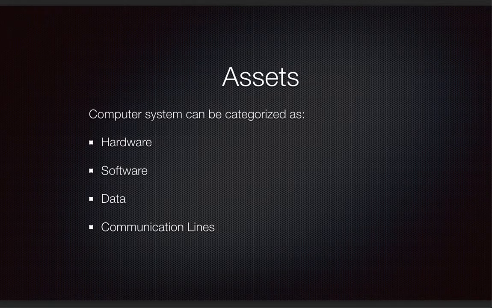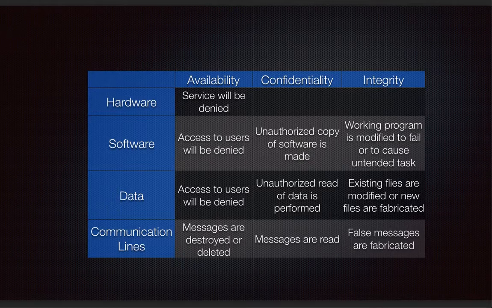Lastly, we're going to look at assets. In a computer system, assets can be characterized as hardware, software, data, and communication lines. Here is a chart showing how assets and threats and attacks can be combined.